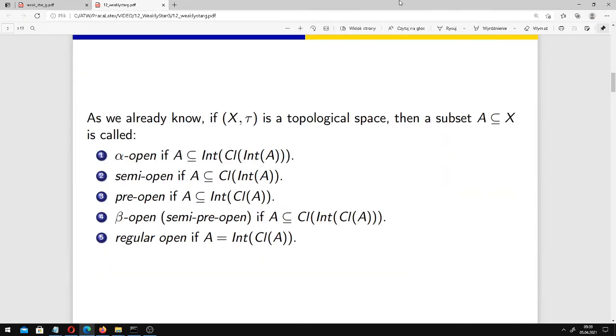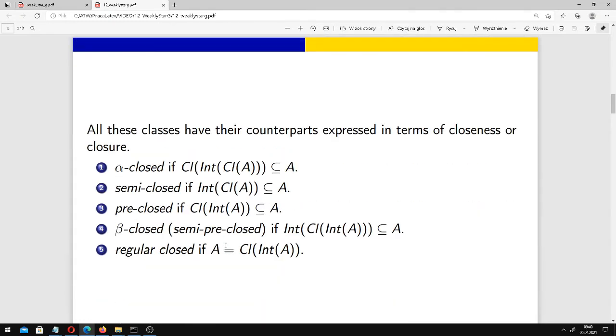As we already know, if we have a topological space, then a subset A is called alpha open if A is contained in the interior of the closure of its interior, and so on: semi-open, pre-open, beta open or semi-pre-open, and regular open, in this case if A is equal to the interior of the closure of A. We also know that all these classes have their counterparts expressed in terms of closeness or closure.